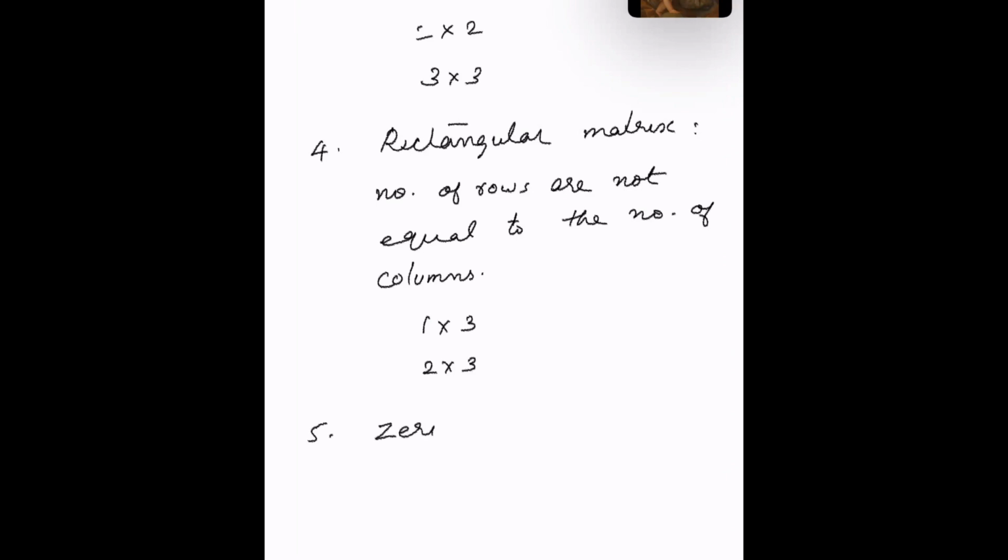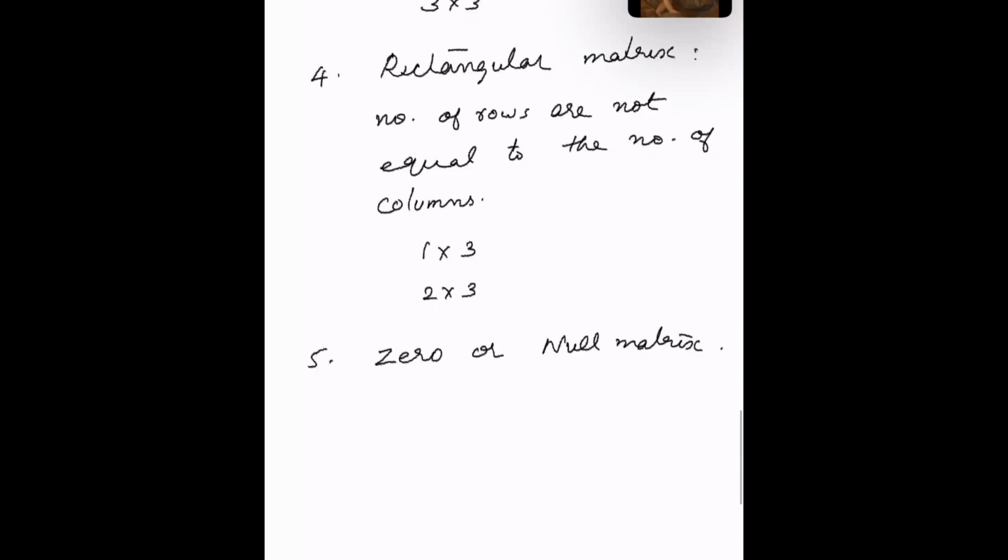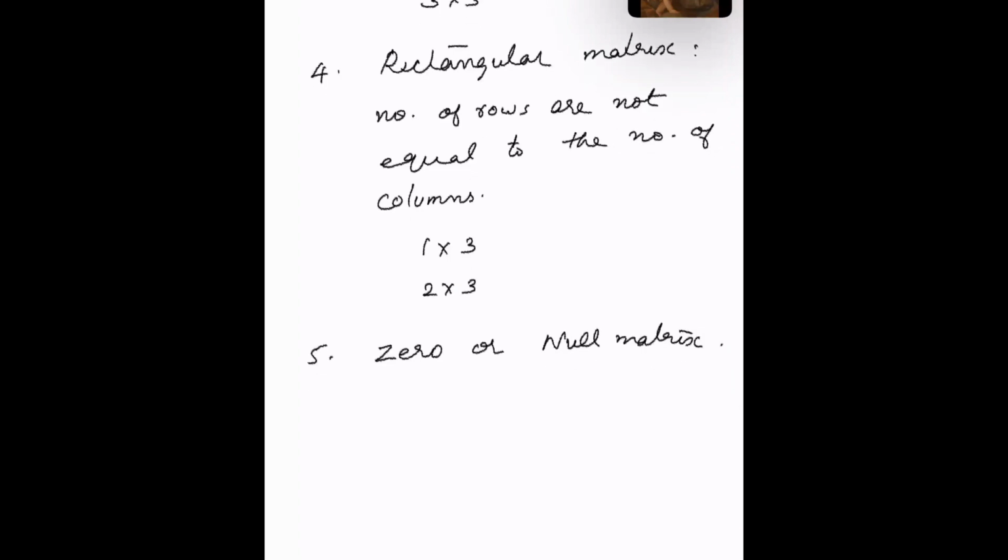Next is the fifth one, called a zero or null matrix. What is a zero or null matrix? If each element of a matrix is zero, then that's called a zero matrix. If the matrix is like 0, 0, 0, 0, this is a zero matrix. Why? All the elements of this matrix are zero.